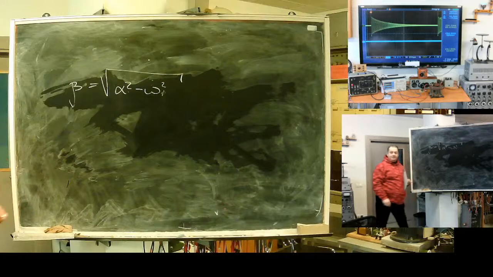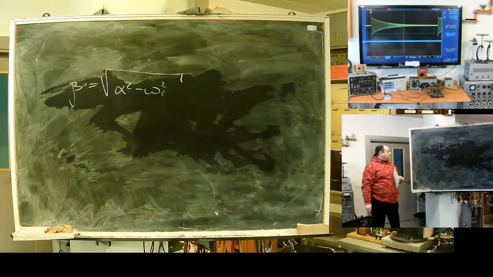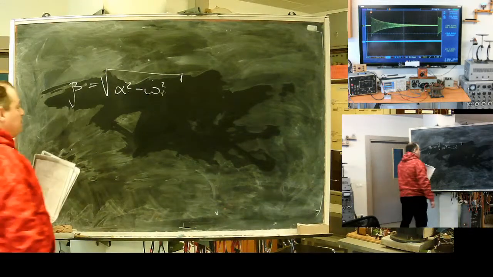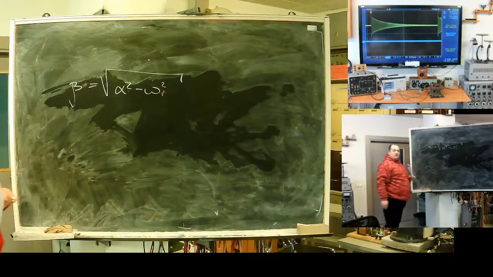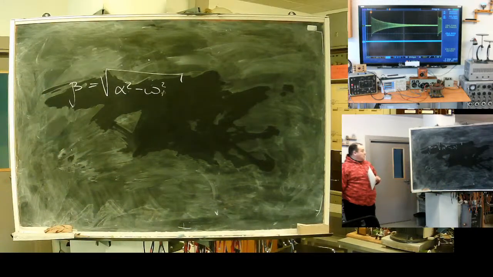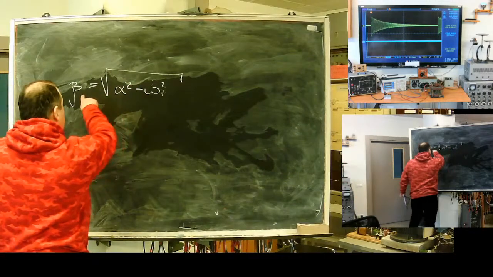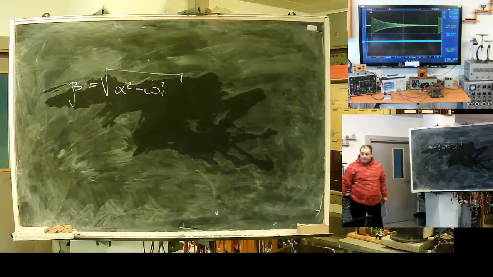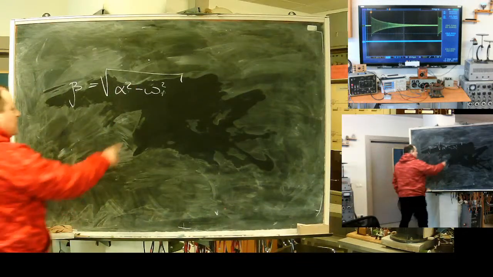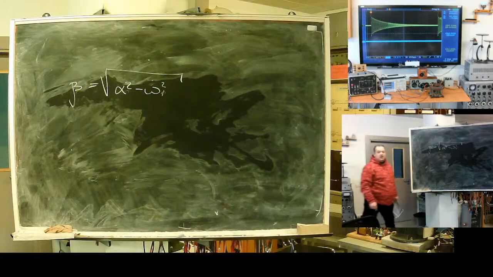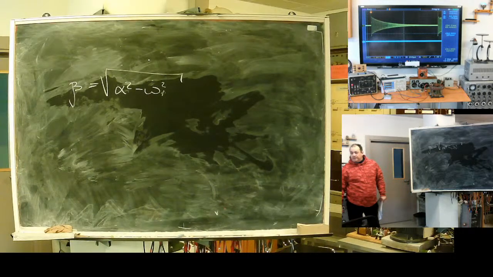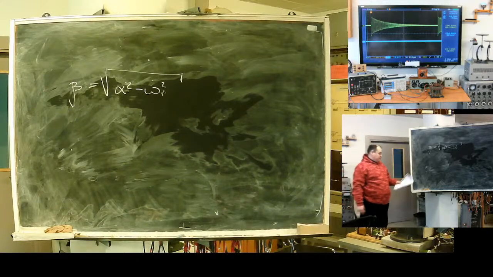Yes? We have two possibilities. One, alpha is greater than omega frequency, and other, omega greater than alpha. If alpha is greater than omega, beta will be real. Yes? And if omega is greater than alpha, what will beta be? Imaginary. Beta will become an oscillation frequency.